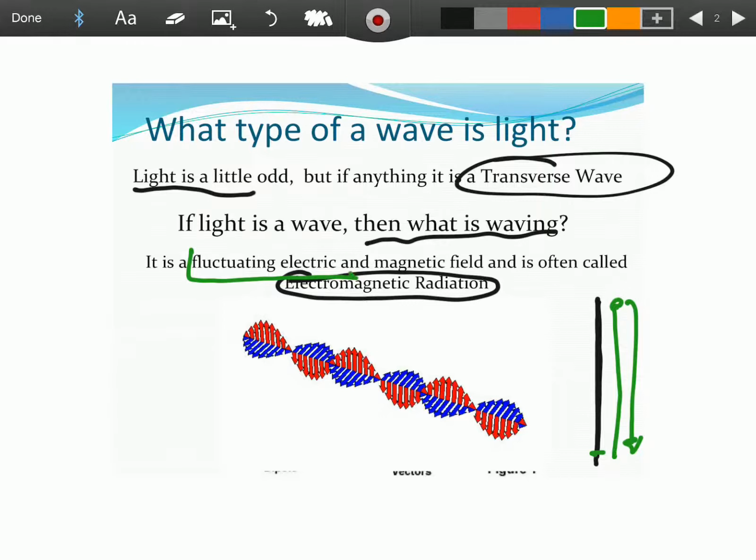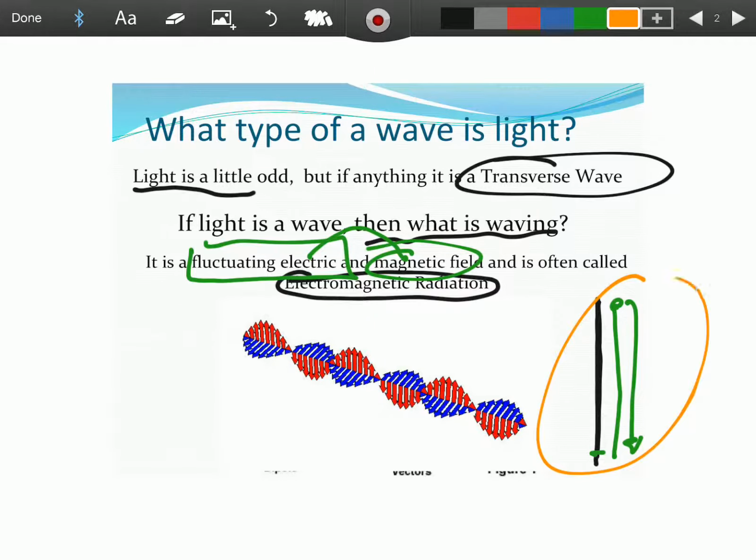Anytime you have a fluctuating electric field, which is kind of what a current is, we know that it produces a magnetic field. So whatever the source is, it's moving electrons, and moving electrons produce light.